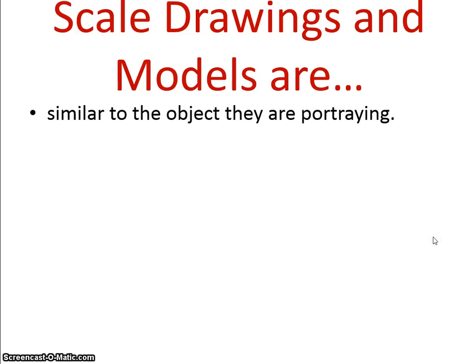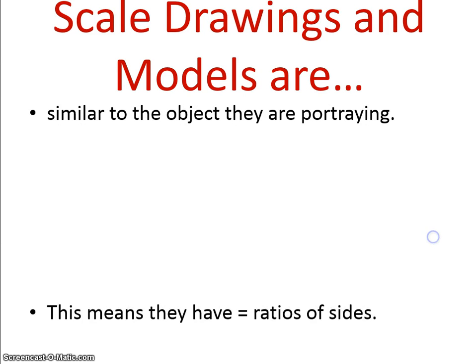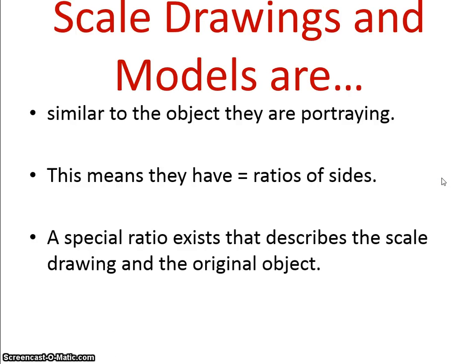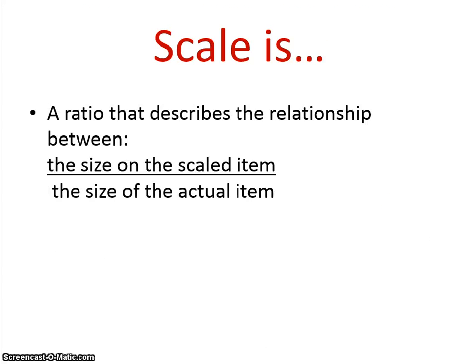Scale drawings and models are similar to the object they are portraying. This means that they have equal ratios of sides, because remember we learned about properties of similar figures. They have the same angles and they have equal ratios of sides. A special ratio exists that describes the scale drawing and the original object. This ratio is called scale. Scale is a ratio that describes the relationship between the size on the scaled item and the size on the actual item.